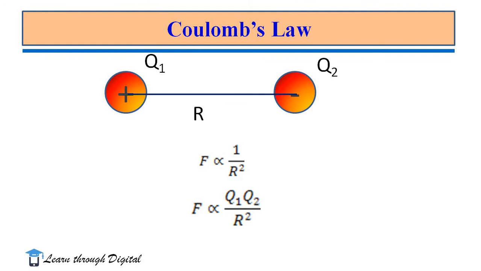If the distance between the centers of the charges is R, it can be proved that the force acting on the charges is inversely proportional to the square of the distance between them. That is, F is proportional to 1 by R square. From this we can write F is proportional to Q1 Q2 by R square.